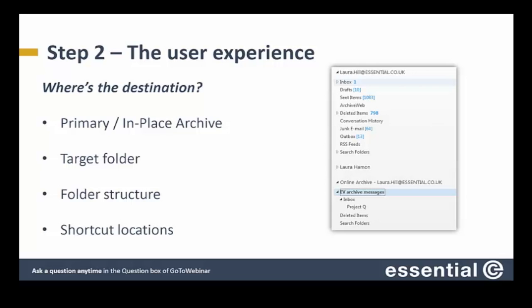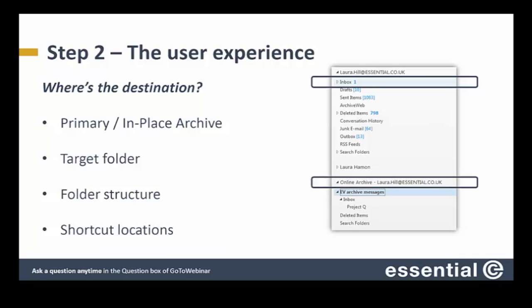You may only be provisioning users with primary mailboxes in Office 365. That means you'll be targeting those primary mailboxes with your old archived emails. But if you're providing the in-place archive facility, this secondary mailbox, you might prefer for your old archive data to be moved directly into there.